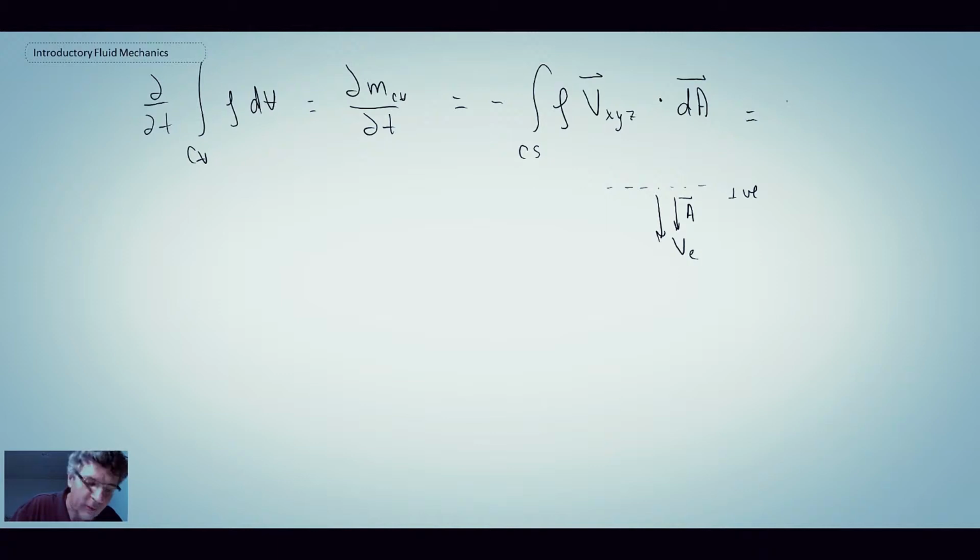So what we end up with is equal to minus m dot exiting. That's the mass flow rate exiting our control volume.